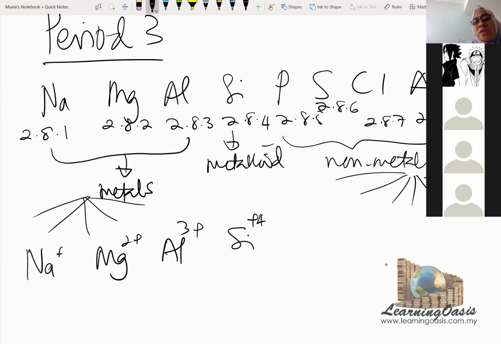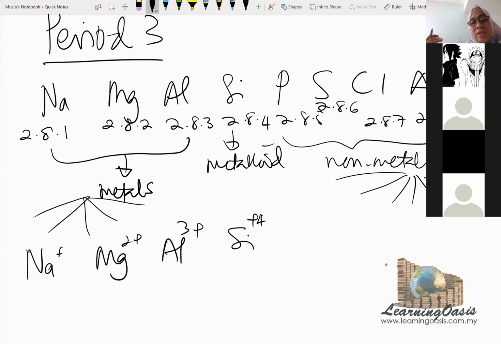Okay, now phosphorus, Atika? Phosphorus has 5 valence electrons. How does it achieve octet stability? It gains electrons. How many electrons? 3 electrons. So what charge will it form?